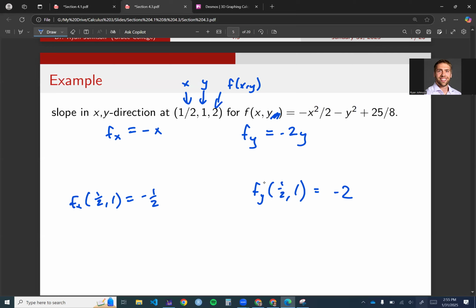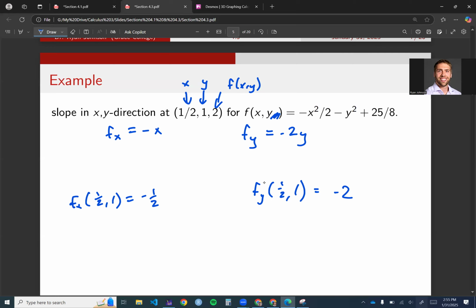So it's a parabola going down any way you walk from 0, 0. And if we walk over to, say, 1/2 in the x direction, 1 in the y direction, then these numbers we just found describe our slope in 2 different directions. That negative 1/2 is the slope in this direction. In this direction, the slope is negative 1. fx tells me the slope if I'm walking in a positive x direction.